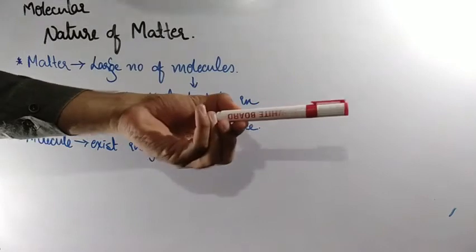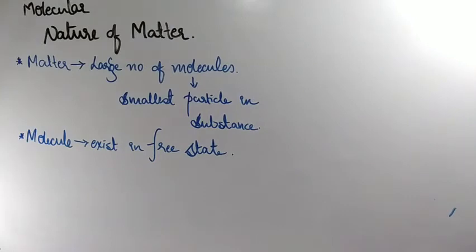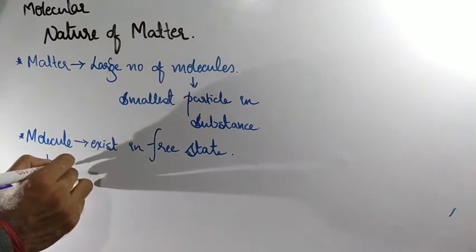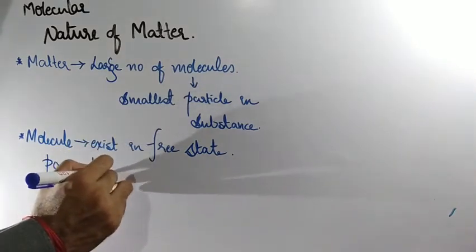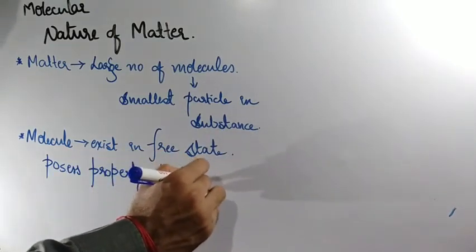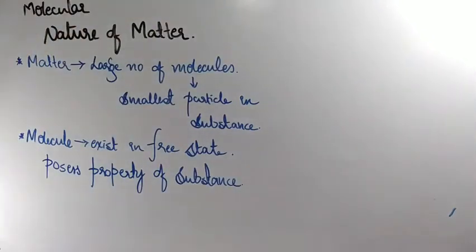If this marker is moving with 5 meters per second, the molecule is also moving with 5 meters per second. That's why the molecules here will possess the property of the substance. Clear? Is this clear to you? Shall we go to the next point now? Shall I erase this part?